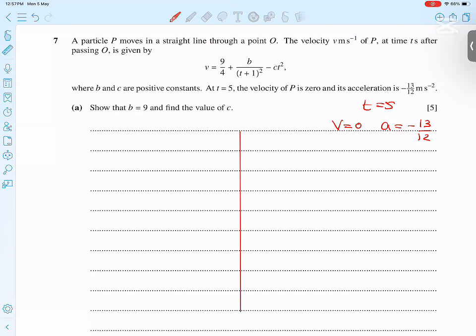First of all, I'm writing the velocity. The velocity expression is this. If I want to integrate, I mean differentiate, I have to write it like this. So this will go up, and will become b times 2t plus 1 to the power negative 2.